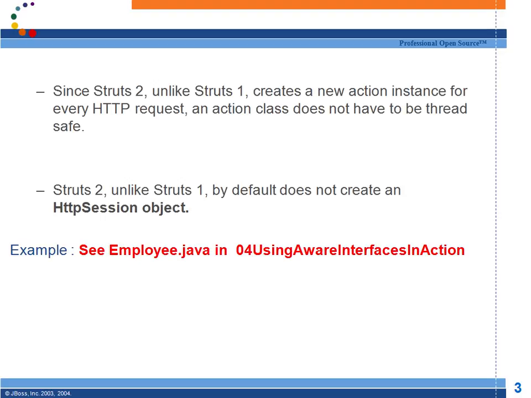For every new request, a new action object is created. Action objects are not shared by two threads, whereas in Struts1, they were shared. So in Struts1, you need to take care of thread safety. But in Struts2, for every request, a new action object is created. So you need not worry about thread safety.